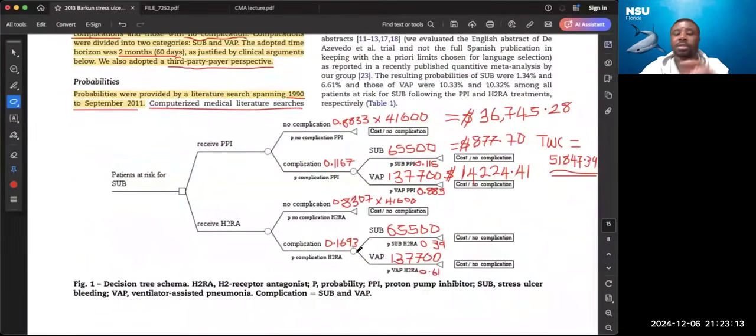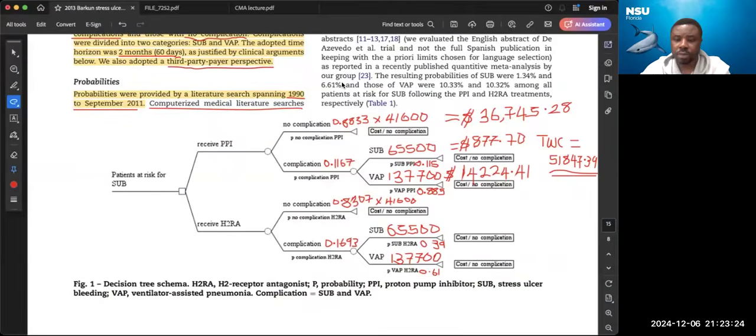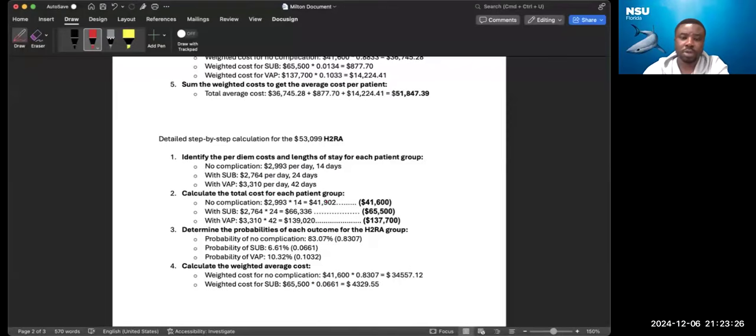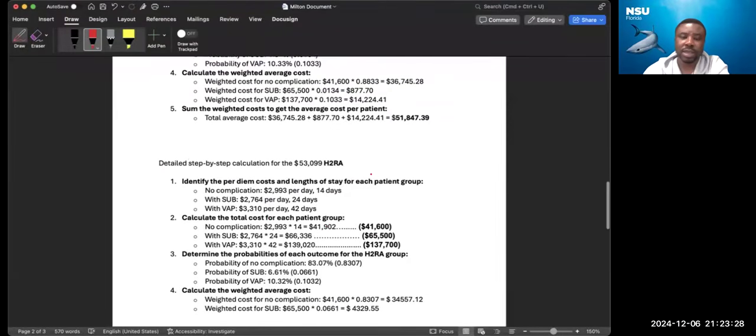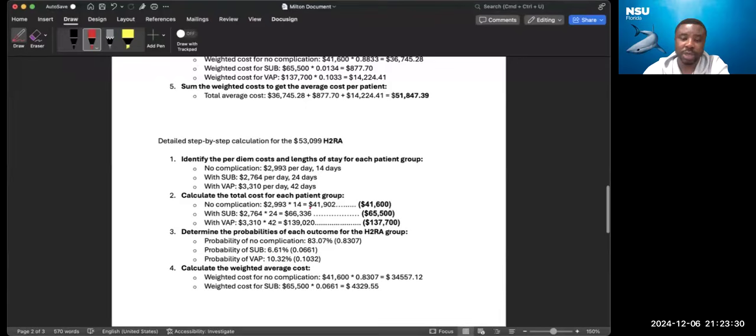So I just did this so that everyone will know where everything is. Then I went to the Word document. Remember that I said we are not using these ones.